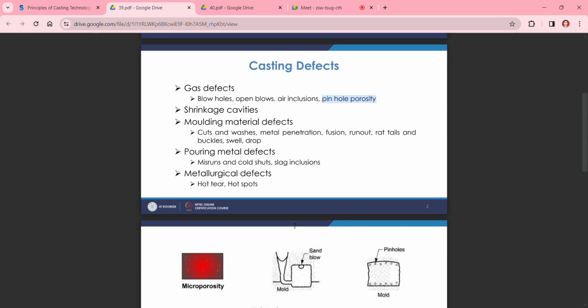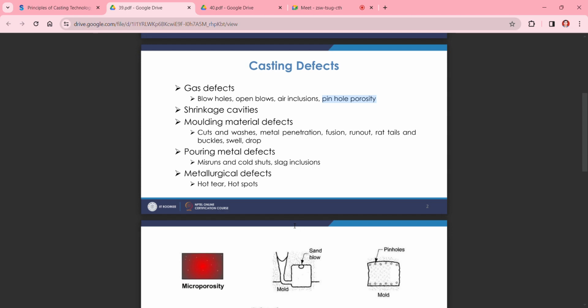When your casting is going to solidify, whatever gases are inside the molten metal are going to get out from the surface, and that creates pinhole porosity.